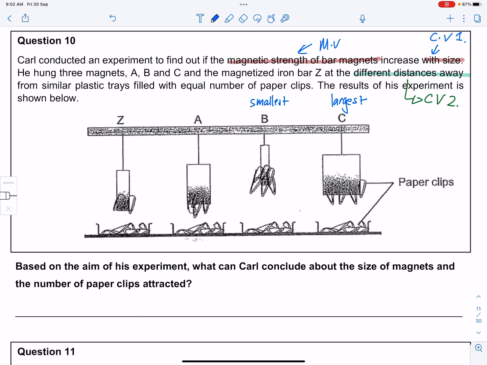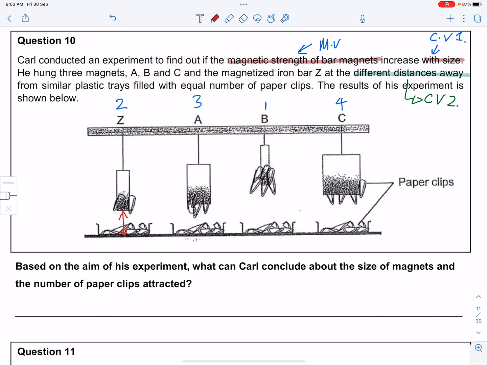Okay, sorry. Let me change this. I'm going to use numbers to represent. I think it's easier. So the smallest is B. The second smallest is Z, followed by A, and then after that, C is the biggest. So the bigger the number, the bigger the magnet. Now we also take a look at the distance.